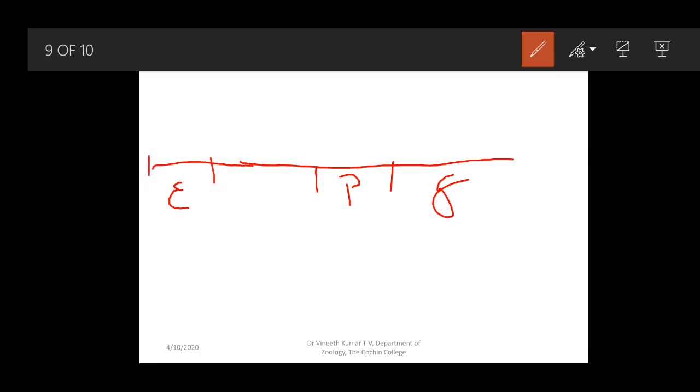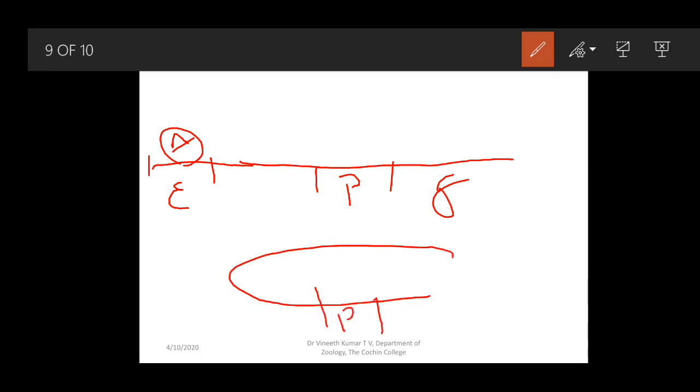As we said earlier, the enhancer element will be bound by a protein, and this protein is called an activator protein. Whenever the activator protein binds, it causes the DNA to loop. This will be the promoter region, and this is the gene shown above.